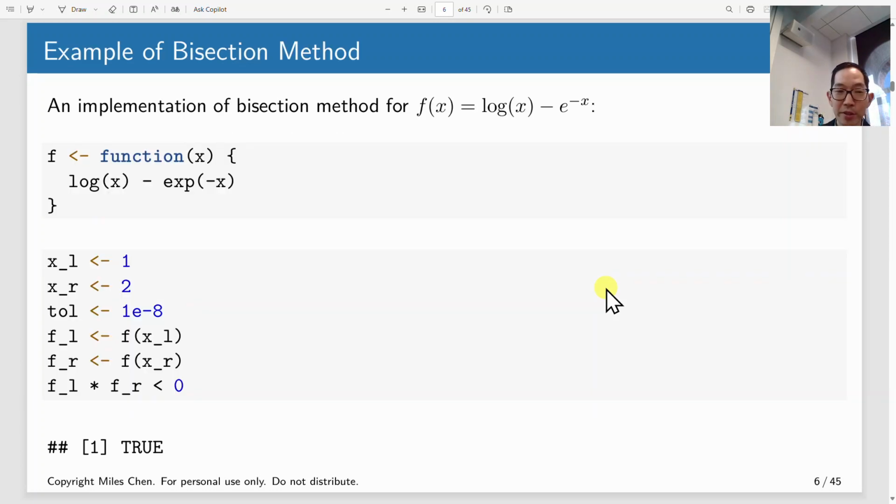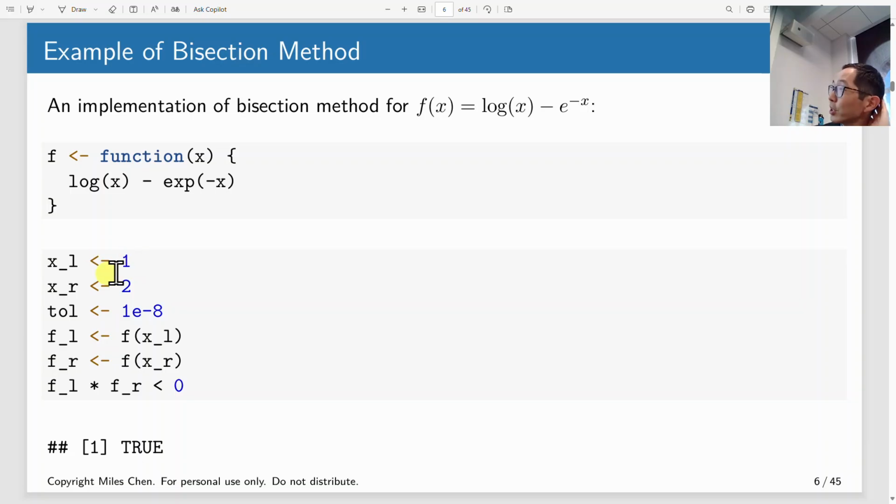Okay, so here is an example. This is a function we're going to look at: log of x minus e to the negative x, and from our previous examples, we know that the root is around 1.3098.